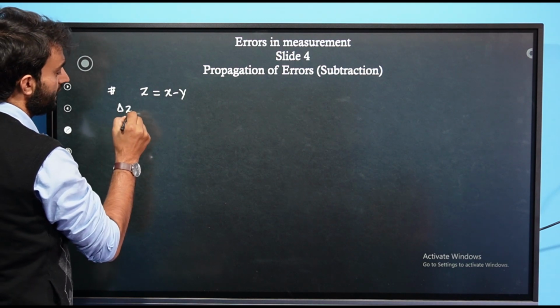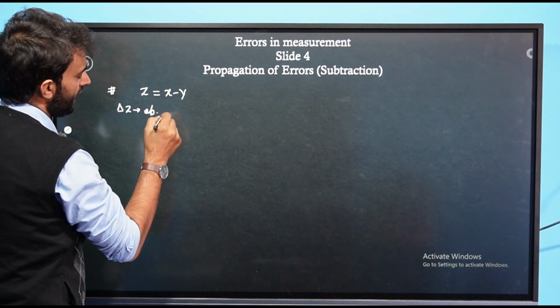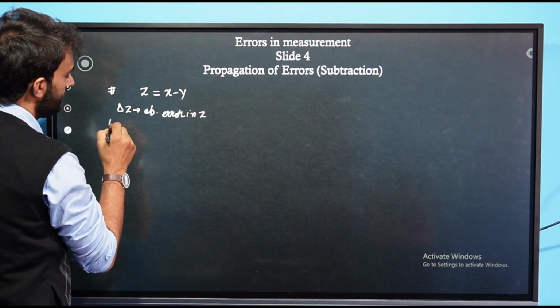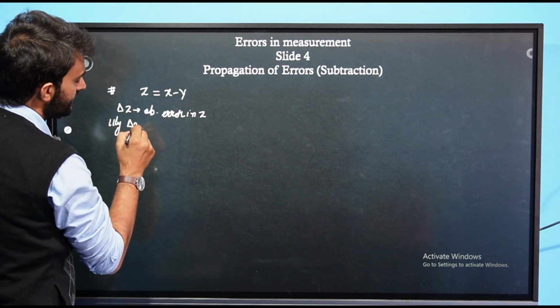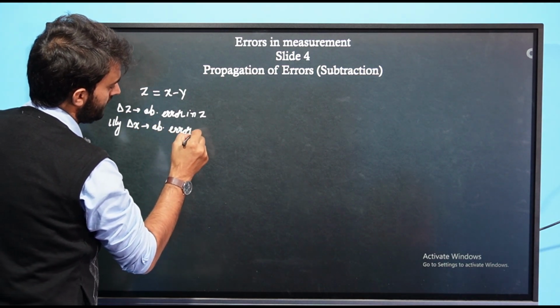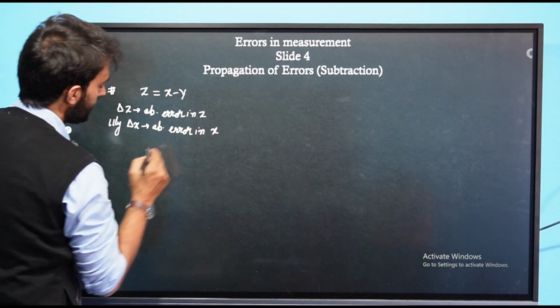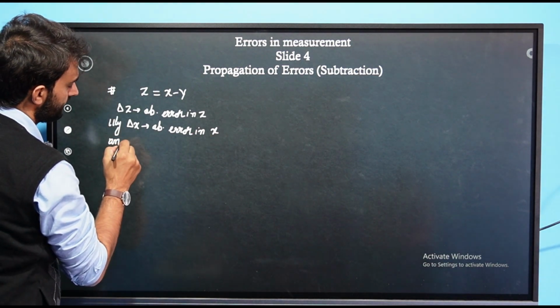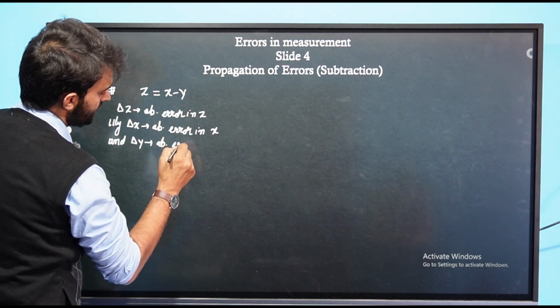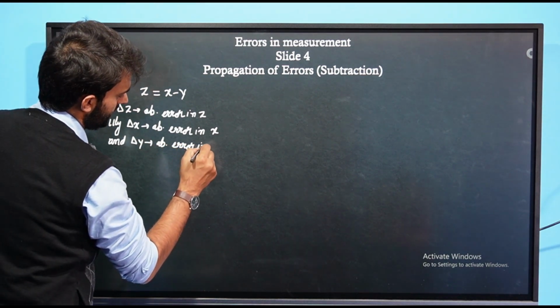Consider delta z to be the absolute error in z. Similarly, delta x to be the absolute error in x, and delta y to be the absolute error in y.